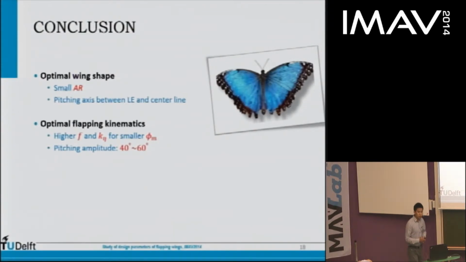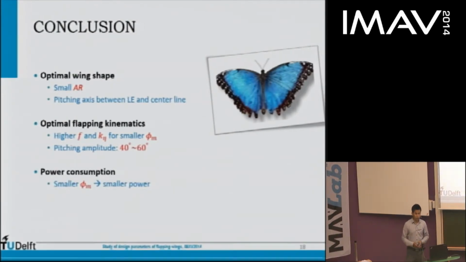As to the optimal flapping kinematics, results show that higher flapping frequency and spring stiffness are obtained for smaller sweeping amplitude, and the optimal pitching amplitude is located between 45 degrees and 60 degrees.